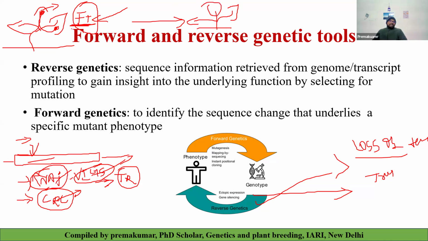So if you mutate a gene sequence and the plant does not flower, you can say this FT gene is responsible for flowering. By losing the function of this gene, we can predict the phenotype governed by this particular gene. This is called loss of function mutation, either by RNA interference, CRISPR, or virus-induced gene silencing.